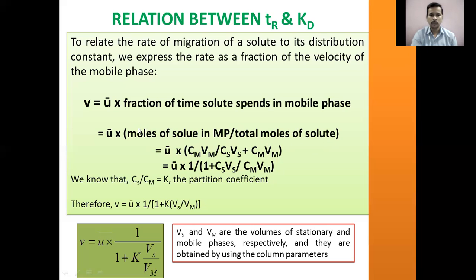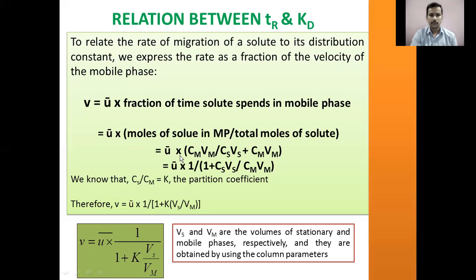This is the total moles of solute which is present in the mobile phase. So out of the total moles of solute, this many moles present in the mobile phase are moving with the speed of U bar.